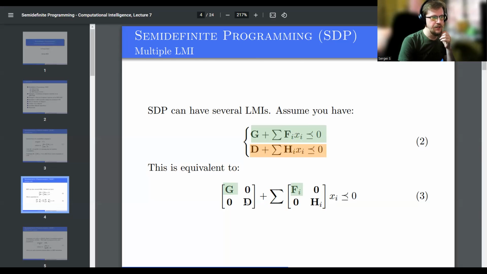And here on the diagonal, F plus Hi times X is equal to 0. This is the second LMI. So basically, you create a diagonal matrix with your original LMIs placed on the diagonal.